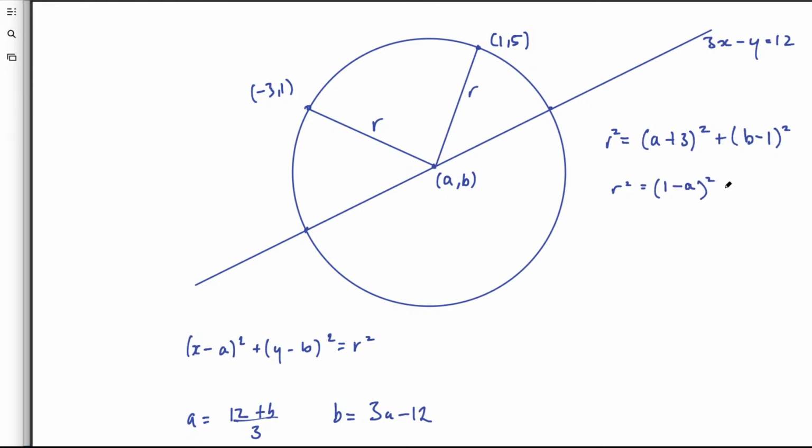So it doesn't matter, as long as the 2 points are the same way. Yeah. Anyways, so actually that didn't matter. So I've got 1 take A and 5 take B all squared. And then I equate them. So A plus 3 squared plus B take 1 all squared equals 1 take A all squared plus 5 take B all squared.